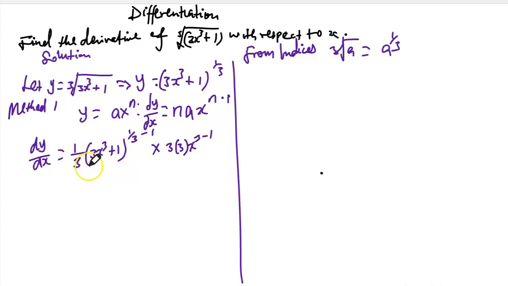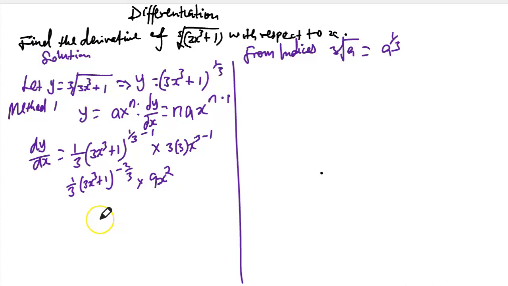We simply differentiate what is inside the bracket. So what we are going to have becomes 1 over 3 times (3x cubed plus 1) to the power 1 over 3 minus 1, which gives us negative 2 over 3. Multiply this by 3 times 3, which is 9, x to the power 3 minus 1, so it is x squared.